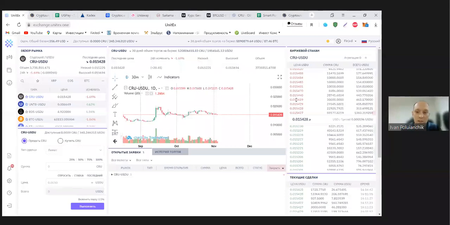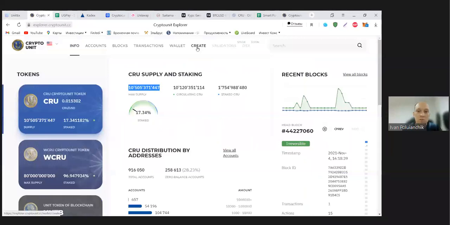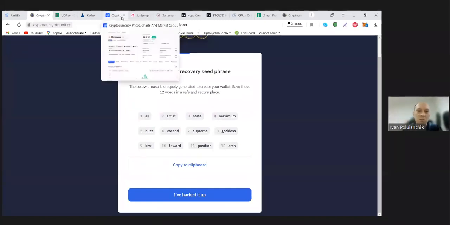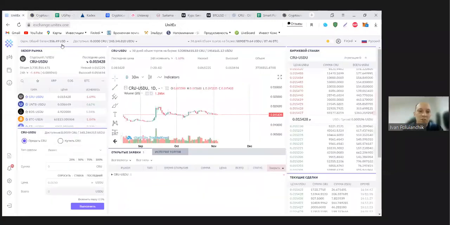You can find a video tutorial on how to open a crypto wallet on YouTube. There is a very good video translated into all languages. You will have a step-by-step tutorial on how to create a wallet. You create a wallet, then you have a seed phrase, then you click, get the address of the wallet, and then I think you will have to send around 800 UNTBs to create a wallet.